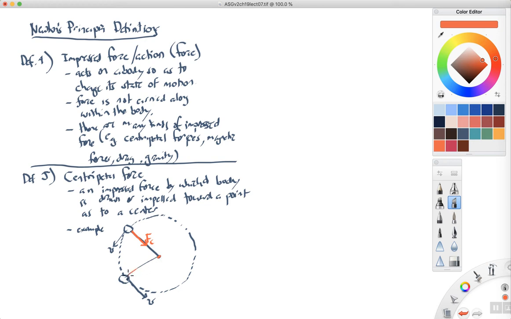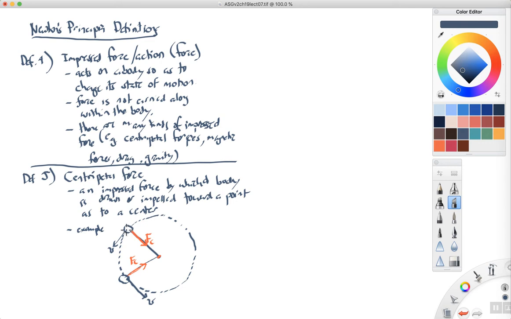Over here, once again, we have the centripetal force applied by the string. It's always pointing toward that point as to a center. In the absence of this centripetal force, let's say for example we were to suddenly cut the string when the rock is right here, what would happen?